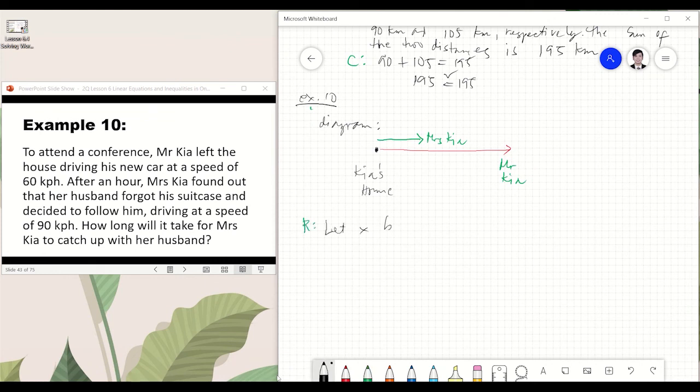So we say, let x be kung ano yung hinahanap natin, yung time. So huwag kalimutan, it should be in hours. So yung x natin, yung time for Mrs. Kia to catch up with her husband.